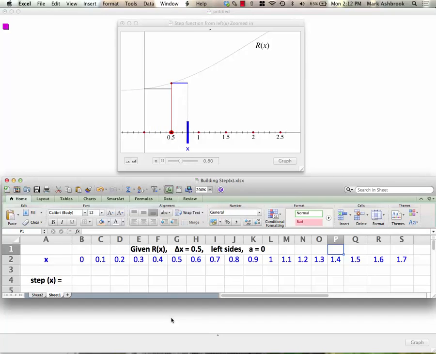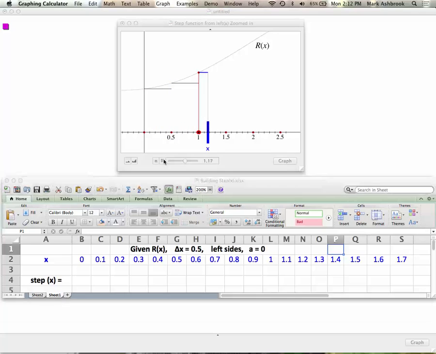So, given that we're building a step function based on the changing rate function r, what I want to know is, say, right here at 1.2, how can I represent what step of 1.2 is? So let me just pause it right there at 1.2.